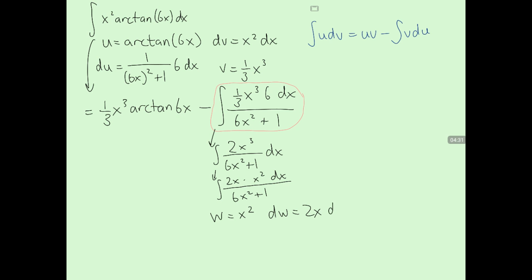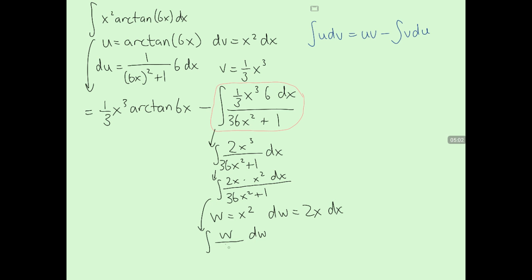As you can see, this simplifies our integral by a lot. In the numerator, we have x squared equals w, and 2x dx equal to dw. In our denominator, this is actually supposed to be 6 squared, so this is 36.